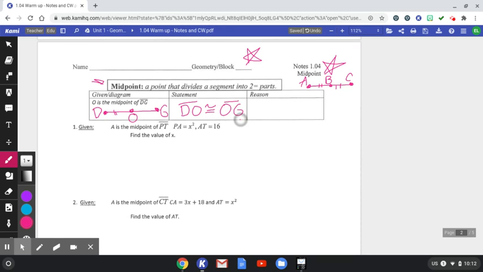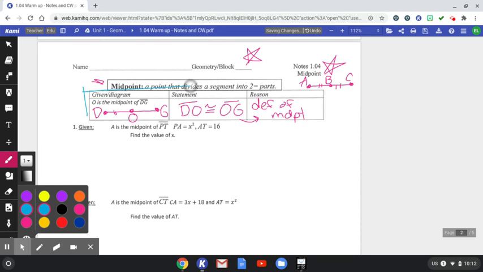And we know that's true because the definition of midpoint tells us that. Now this box here, see how there's like 3 columns there?